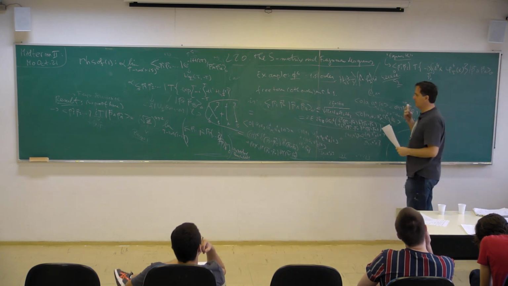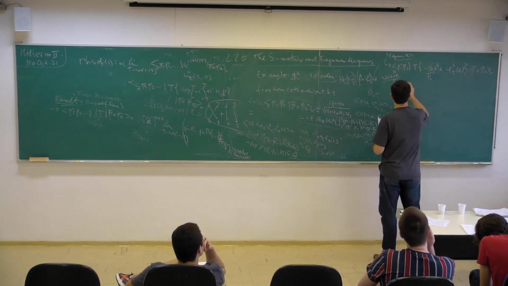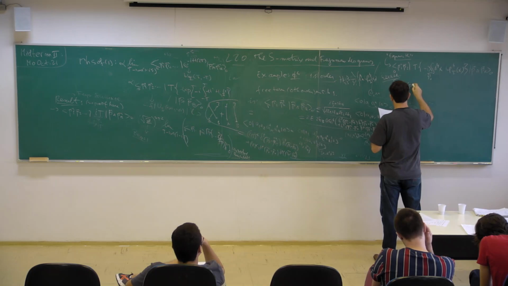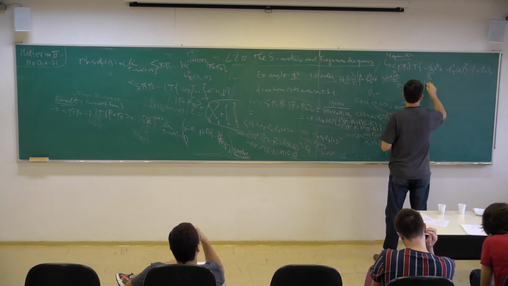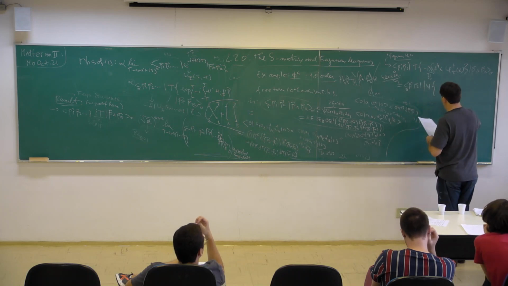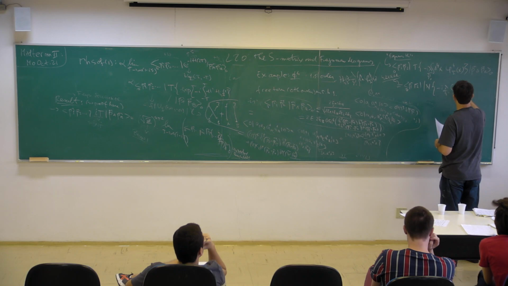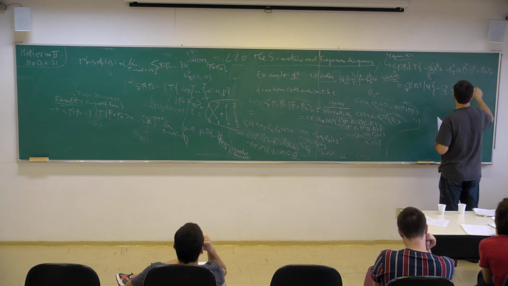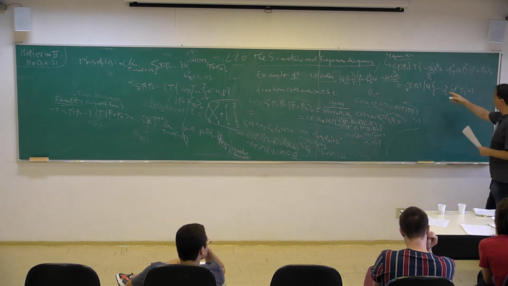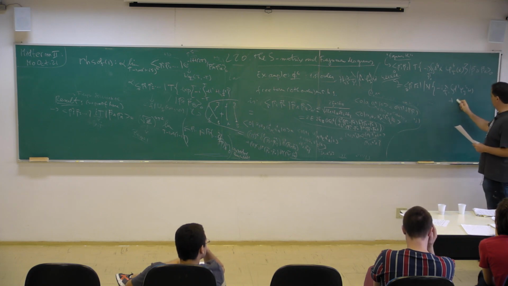Right? That was the Wick theorem. So let's say ⟨P1, P2|, |0⟩. Now I put the normal ordered product, same thing. But when I put the normal order, I have to add all possible contractions.